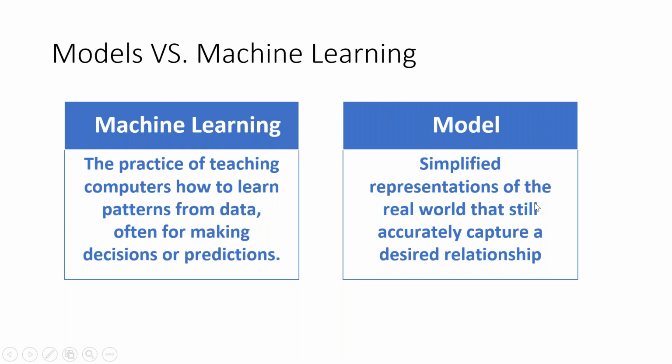It is a simplified representation of the real world that still accurately captures a desired relationship. It is simplified, not an over complex representation of the relationship. If it is over complex, it doesn't solve any problem. If it is too simple, it will not solve the problem. It has to truly represent the real nature of the world, the real nature of the data.